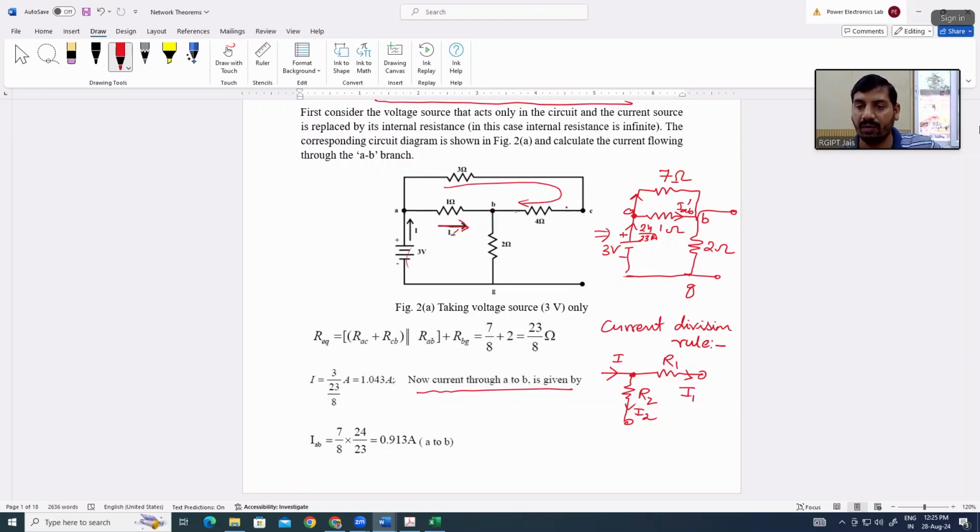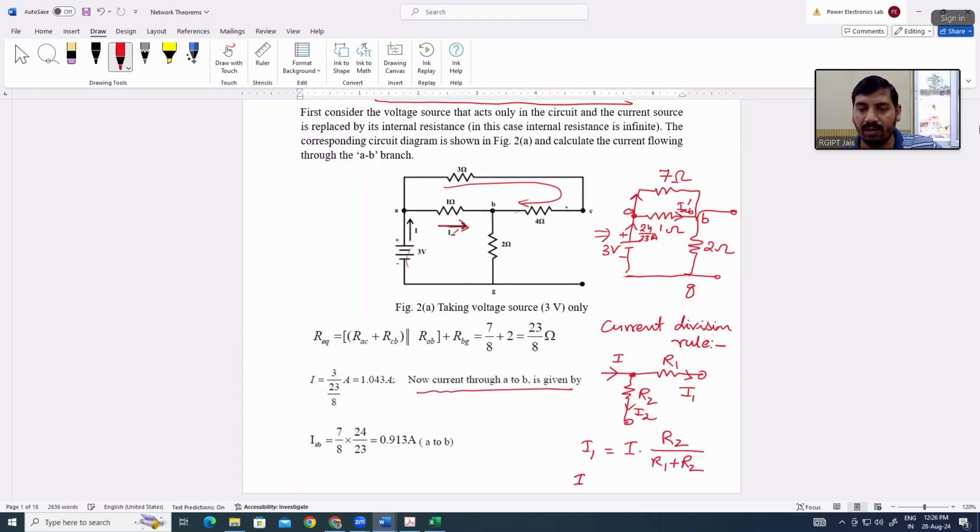So as per the current division rule, I1 will be equal to I into R2 divided by R1 plus R2.